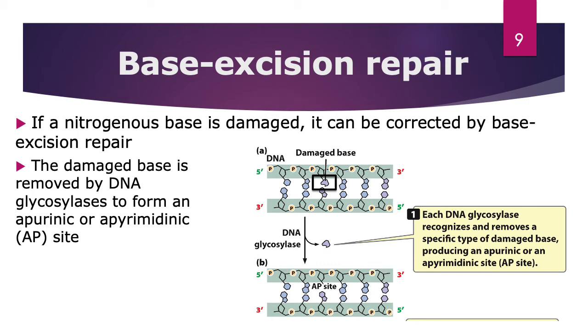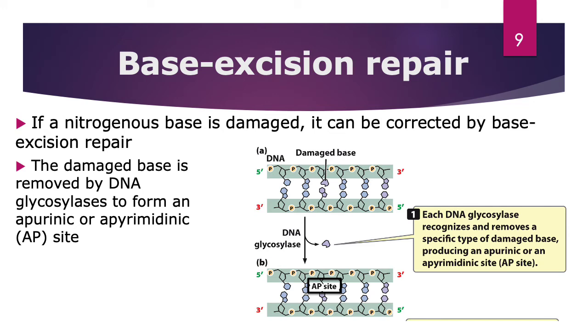This damaged base is first removed by the enzyme DNA glycosylase, and the removal of that nitrogenous base from the DNA structure gives rise to an AP site. AP stands for apurinic if the nitrogenous base was a purine, or apyrimidinic if the nitrogenous base was a pyrimidine.